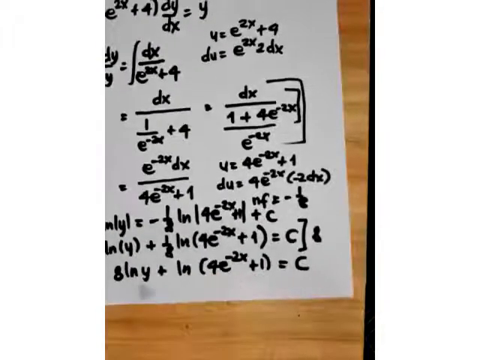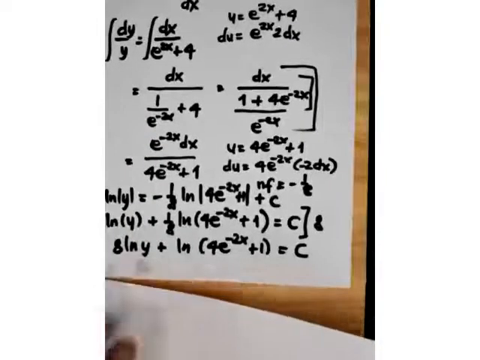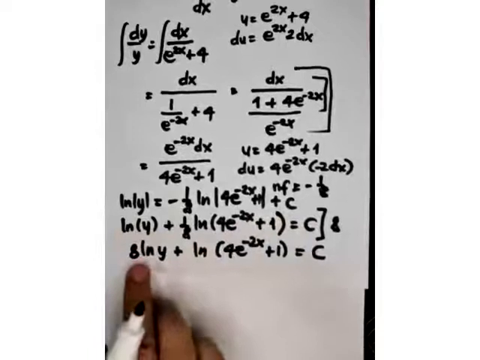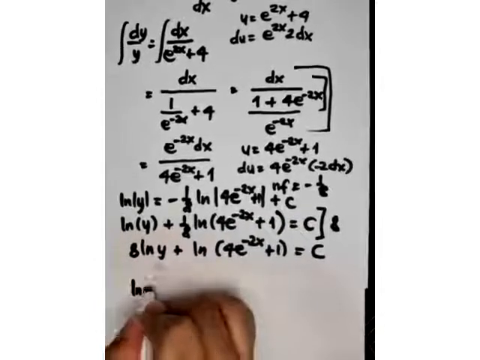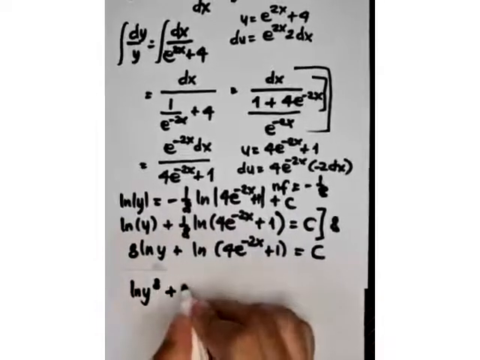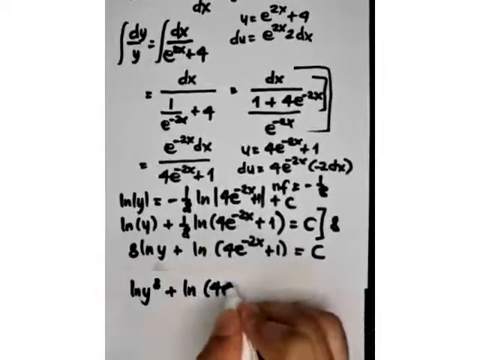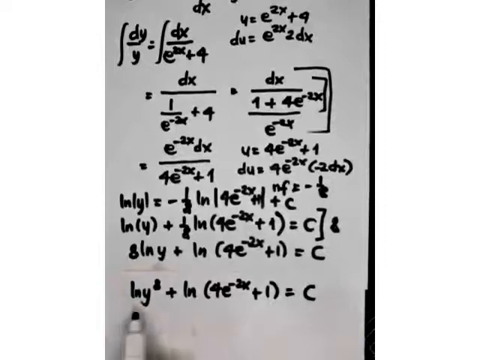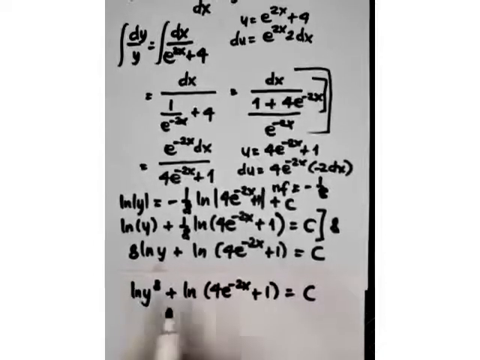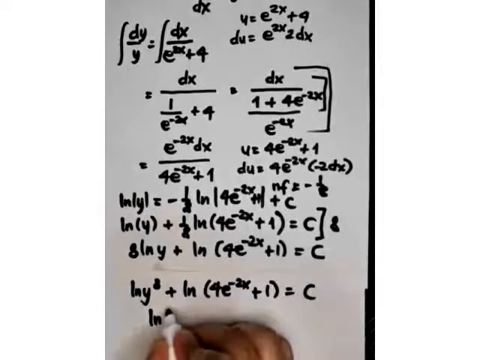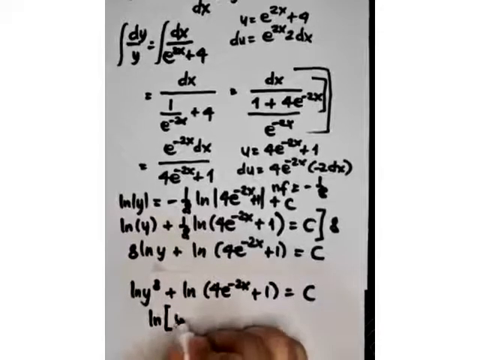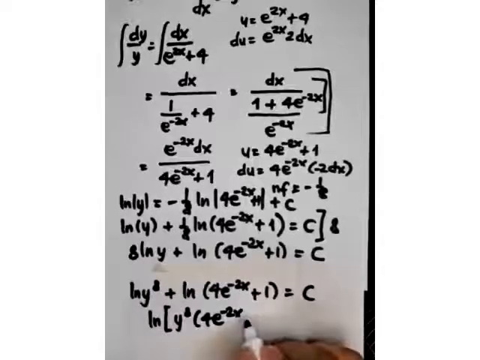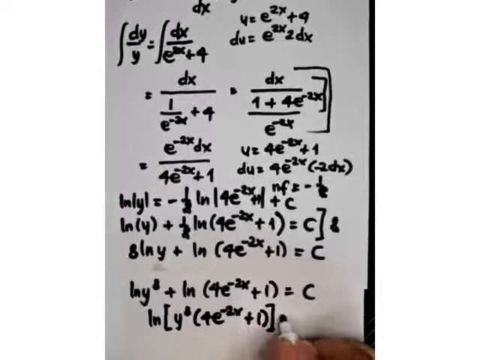Okay. But let's simplify. They are both ln, so we need to apply the property of ln here. So this will be equal to ln of y raised to 8 plus ln of 4e raised to negative 2x plus 1 is equal to c. Since they are both positive, they become multiplication. So that will be ln of y raised to 8 times 4e raised to negative 2x plus 1 is equal to c.